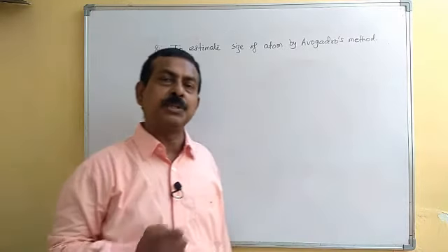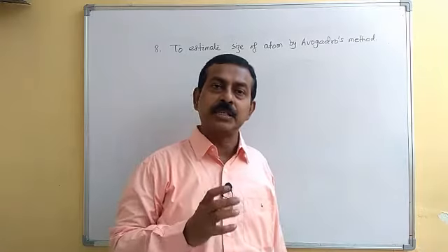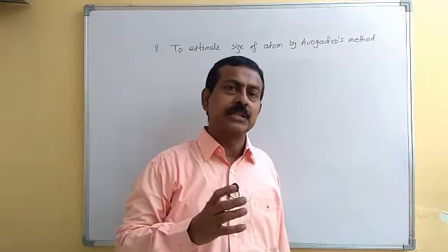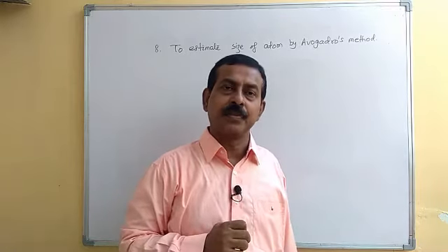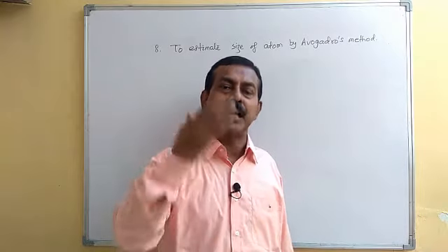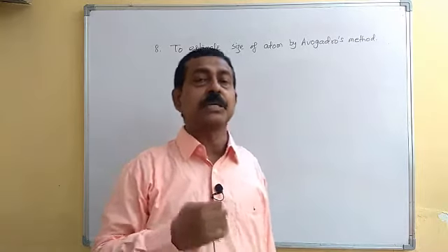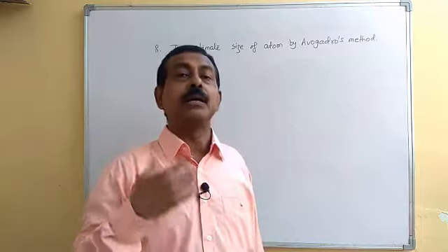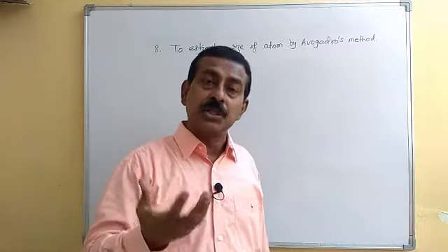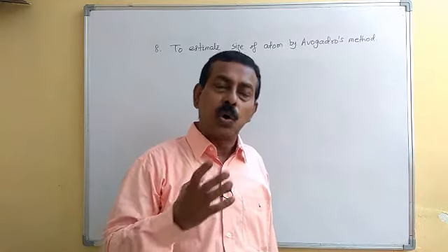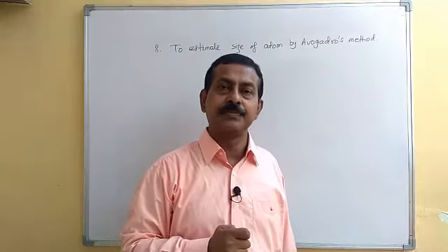So far we have discussed the distances which we have measured. They were large distances, like the distance of an accessible object, an inaccessible object, the distance of a nearby planet, the distance of a star. So all these were large distances.